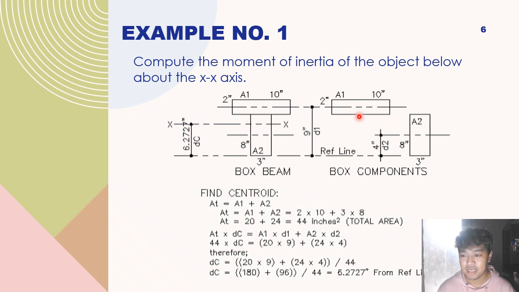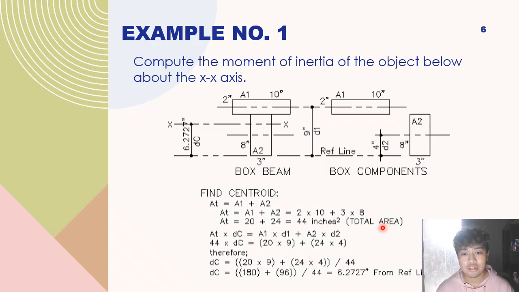And then the second rectangle has height 8 inches and thickness 3 inches, so we add 3 times 8 inches. That means we have 20 plus 24, so we have a total area of 44 square inches.